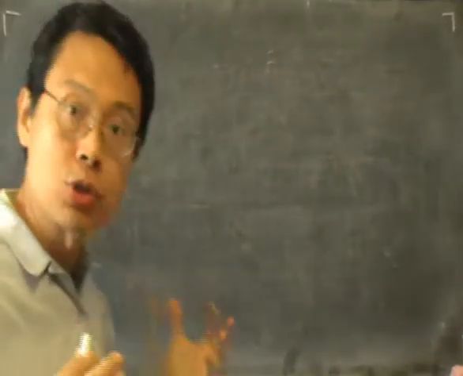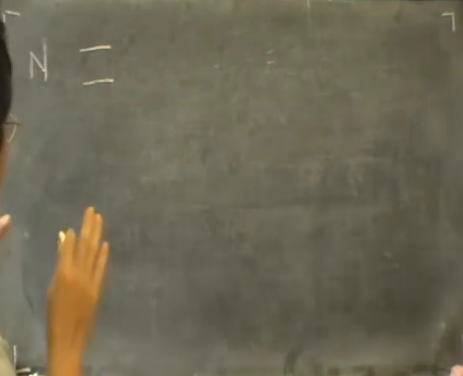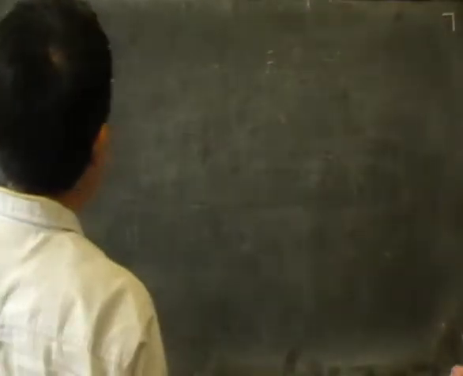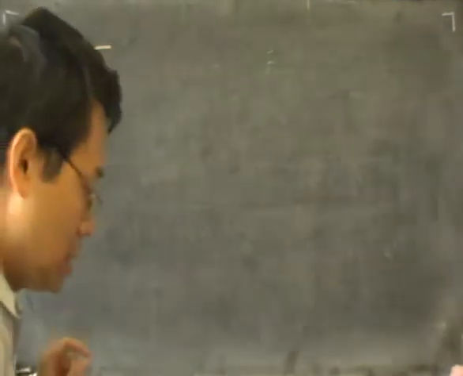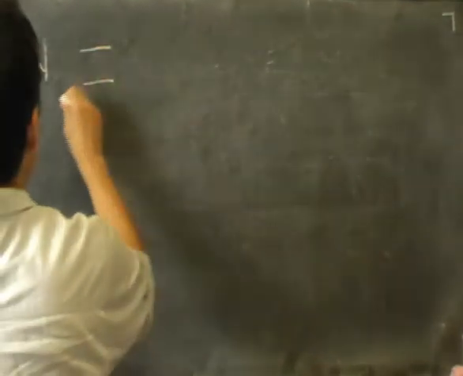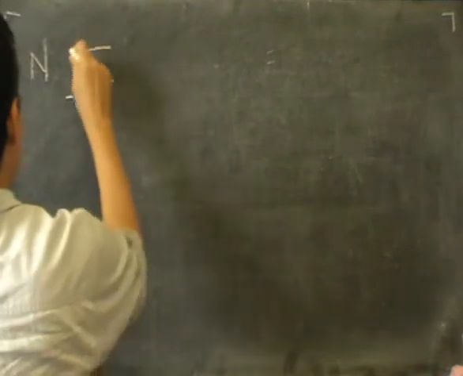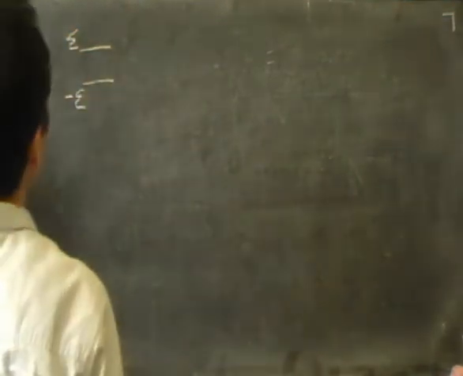Imagine a solid with a number of particles N. I'm going to think about each particle in a solid as having two energy levels. Let one of them be minus epsilon, and the other level be epsilon.